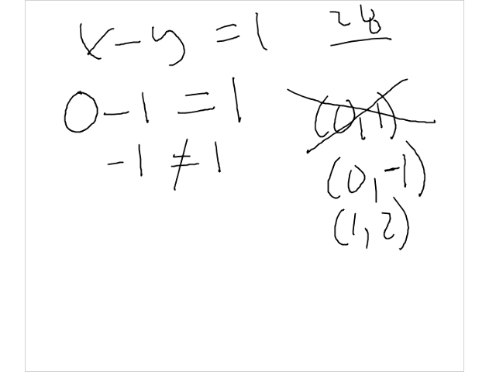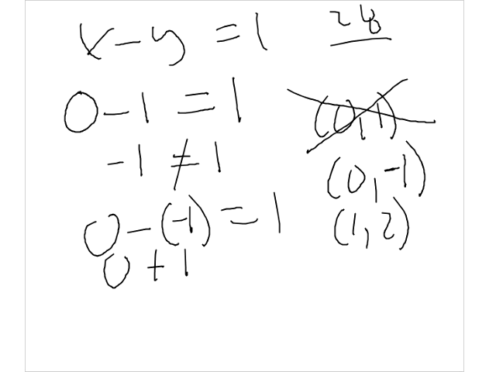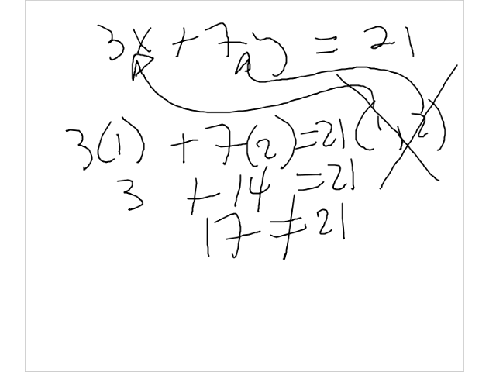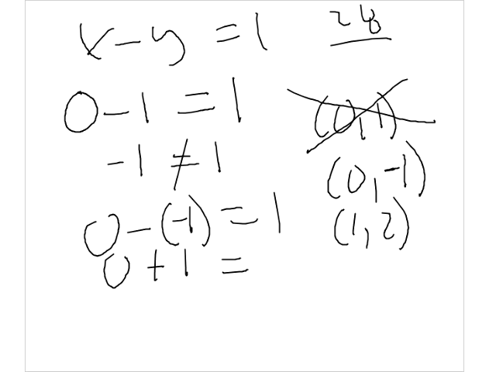Okay, how about 0, minus 1? So I'm plugging 0 in for x again, minus a minus 1. Parentheses are helpful. Let's see, this would be 0 minus a minus 1, which actually turns to plus 1 equal 1. So 1 does equal 1, so the point 0, minus 1 does work.